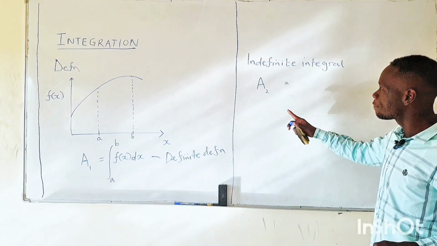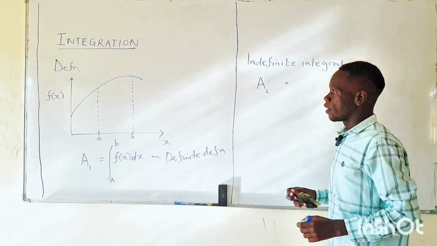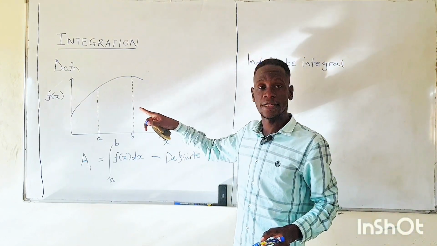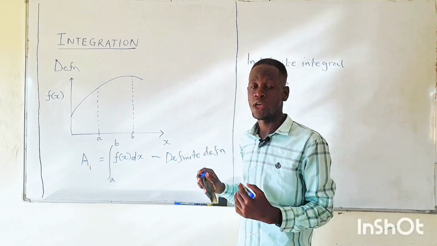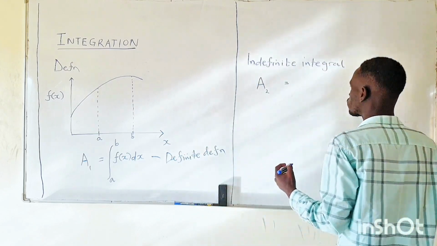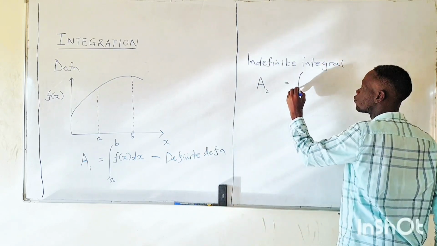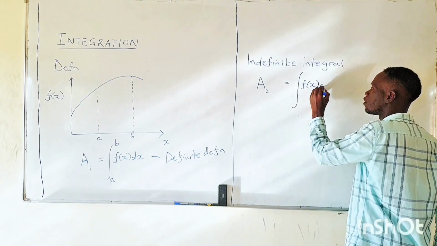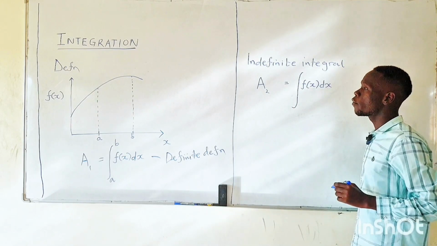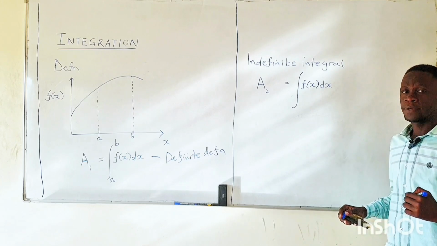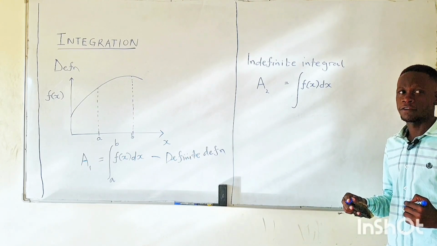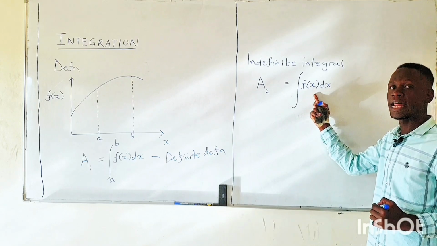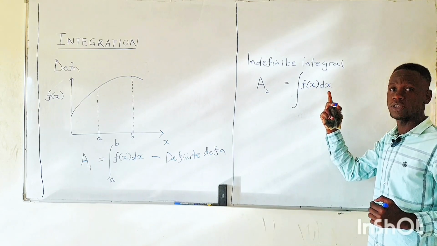So for an indefinite integral, let's say we are still considering the same function, but you're not certain where we're beginning from, where we're ending from. So for this one, it will be the integral of f(x) dx. But remember, we are not certain where we're beginning from and where we're ending from. So after integrating this, we shall put an arbitrary constant, which is denoted by c.